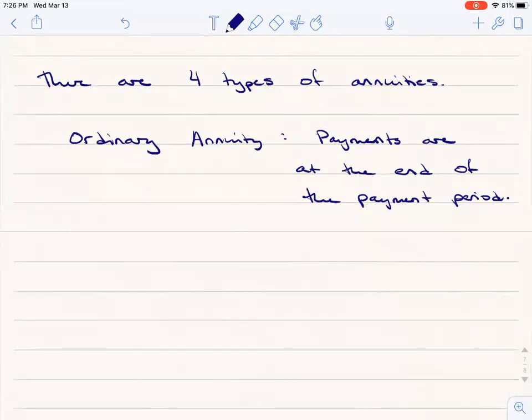So in chapter 6, we're dealing with ordinary annuities. And then in chapter 7, we're going to talk about annuities due.